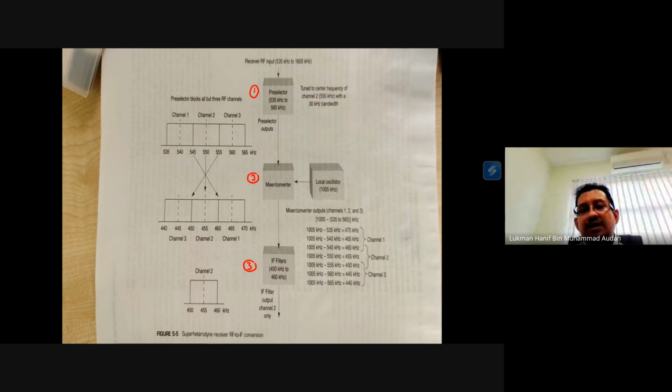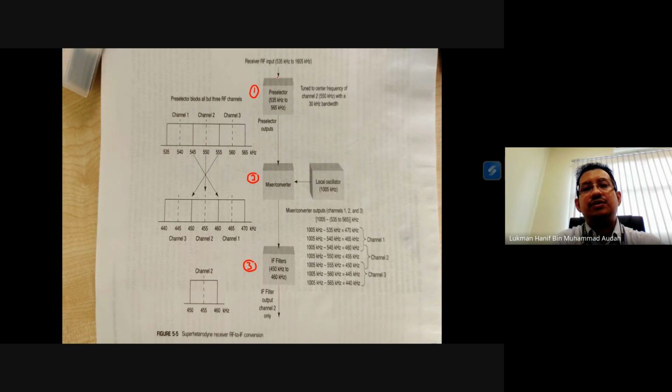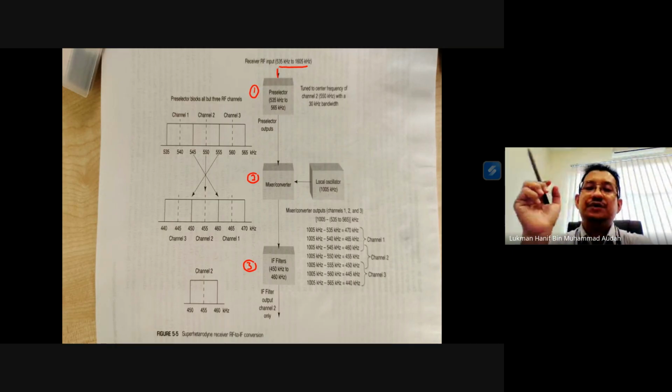Over here, at the beginning, the pre-selector is connect to the antenna, where the antenna receive all the frequency band from 535 kilohertz to 1605 kilohertz. So the antenna receive all the frequencies. However, I don't want to listen to all the frequencies.